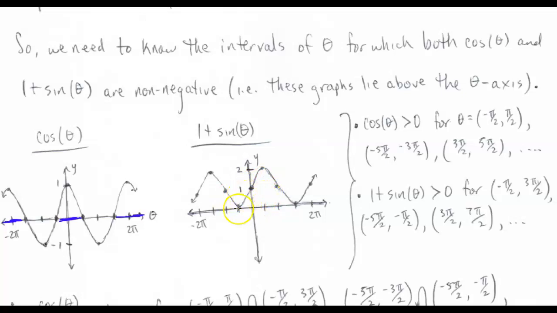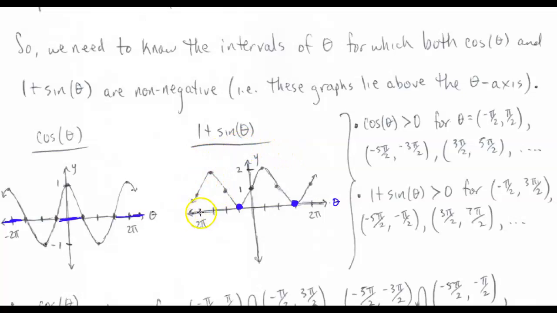If we did the same thing for sine, we see that only when sine plus 1 hits the theta axis here is when it would not be in that interval. And of course, this point here is negative pi over 2. This point here is positive 3 pi over 2.